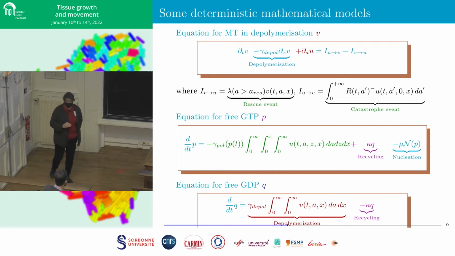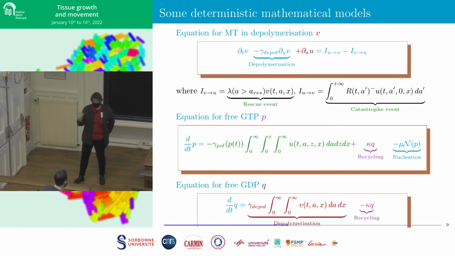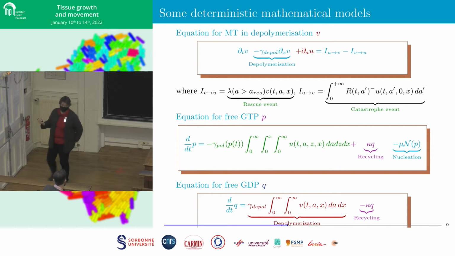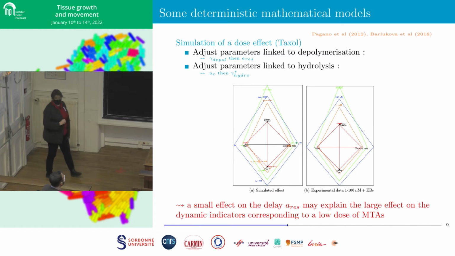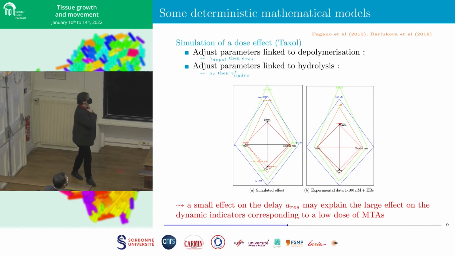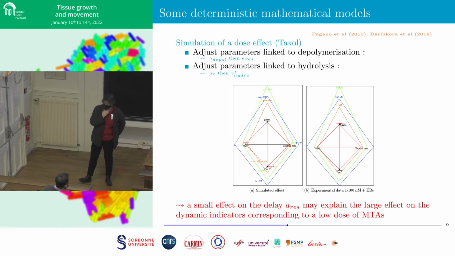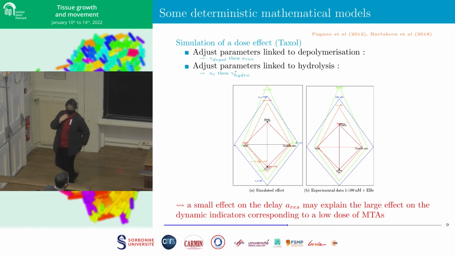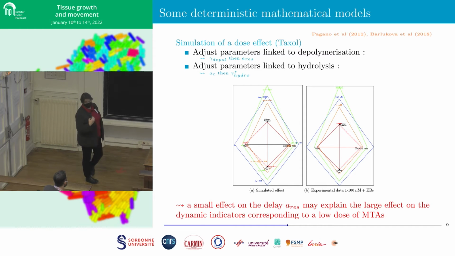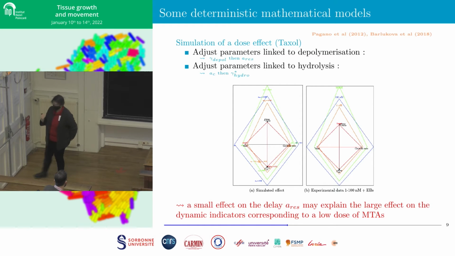At the end, if you look at the total amount of tubulin, you will see that the total amount of tubulin in the media is conserved. Okay. So thanks to that, Ayuna was able to calibrate the system and to mimic a dose effect. Here is a dose effect of Taxol. Taxol is a polymerization drug.